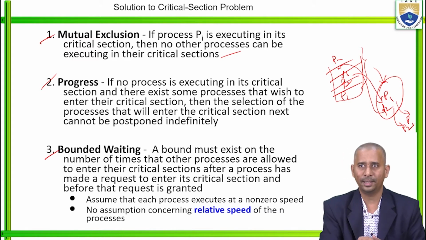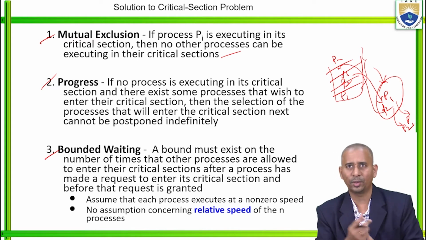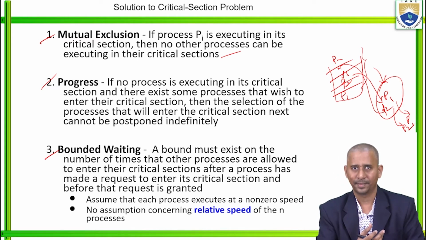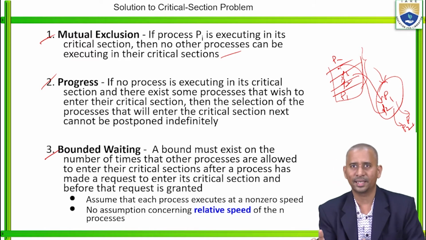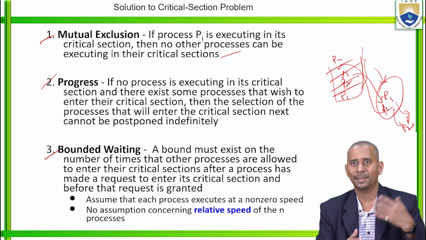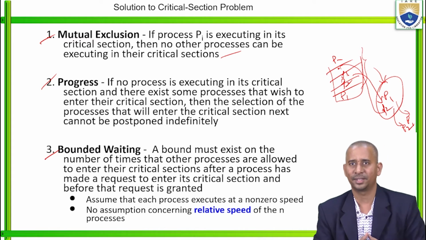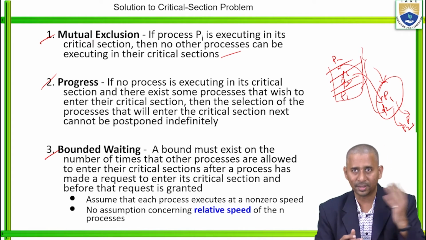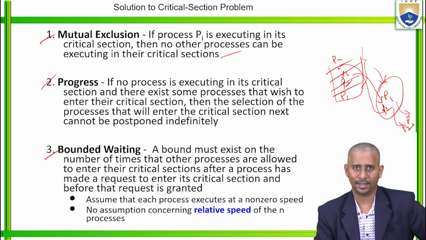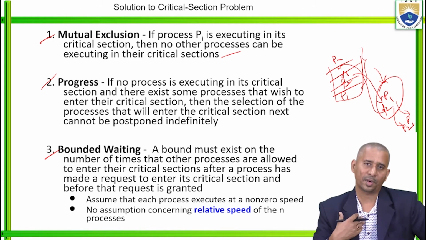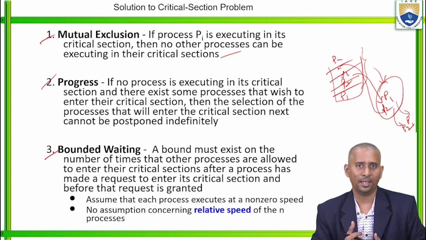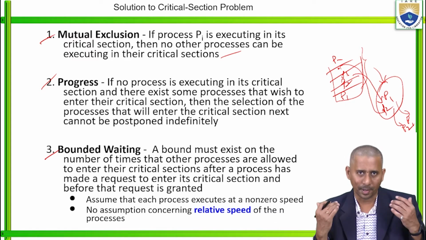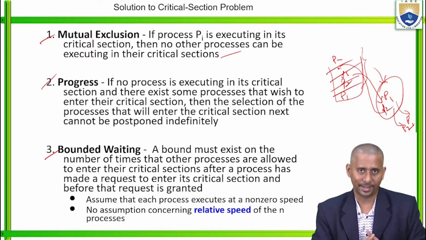If P1 is ready to enter into the critical section, then at the same time some other process makes a request to enter into its critical section before that request is granted. So the process P1 sends a request to the processor or operating system: I am ready to enter into my critical section.